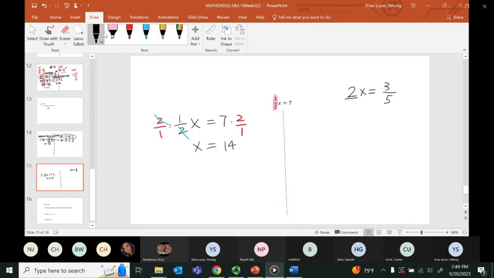Because you can treat 2 as 2/1. So what do we multiply to get rid of that 2? Can you see what we should multiply to get rid of this 2 here? Yes, 1/2. So you still flip 2/1 and you get 1/2. So you will cancel this, and you get 3/10.